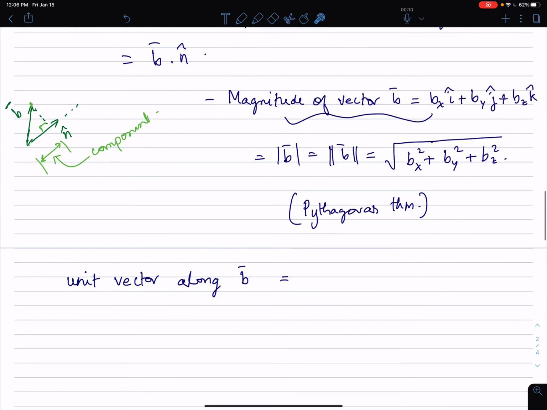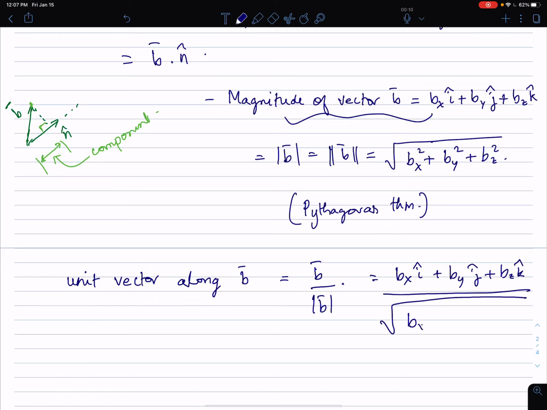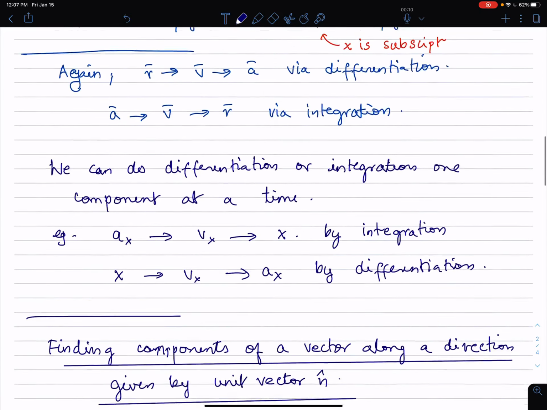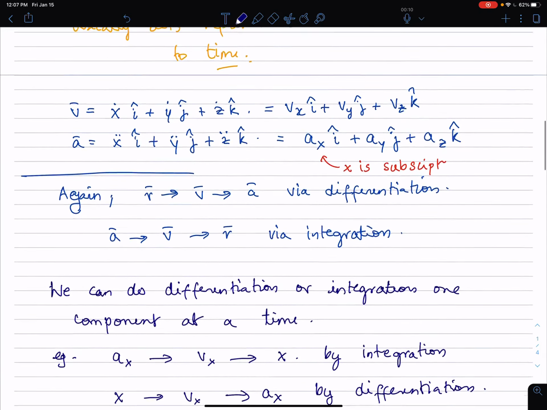Okay, so it's B divided by the magnitude of B. So basically b_x i plus b_y j plus b_z k divided by the square root of b_x squared plus b_y squared plus b_z squared.